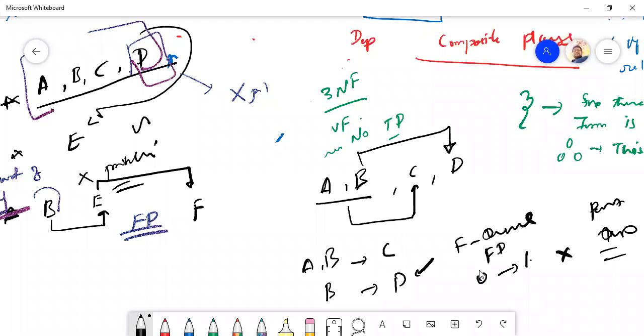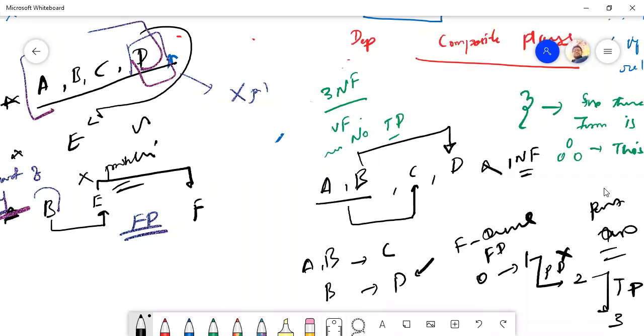If you want to go from 1 to 2, then I will check partial dependency. From 2 to 3, I will check transitive dependency. So here it is no worries. If it is partially depending on B, we can simply say it is at least in 1NF.